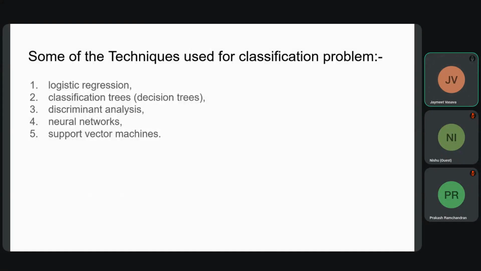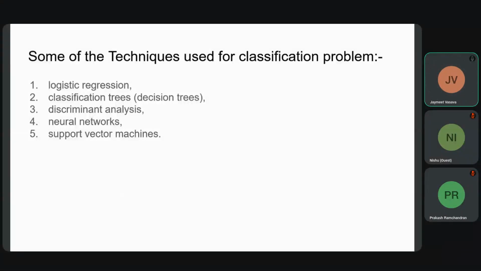Some of the techniques used for classification are logistic regression, classification trees, discriminant analysis, neural networks, and support vector machines. Logistic regression is the topic of today. Classification trees are trees used to make decisions based on conditions, the dividing or classifying factors of the trees.